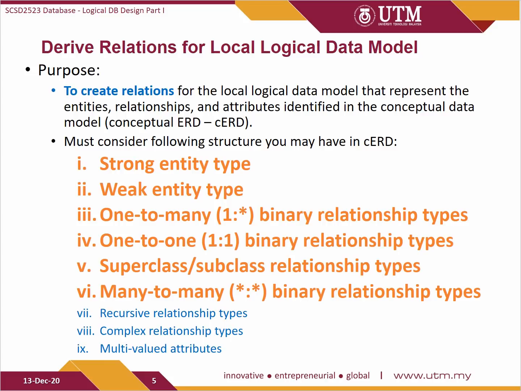Number 4 is one-to-one binary relationship types. Number 5 is superclass-subclass relationship types. Number 6 is many-to-many binary relationship types. Number 7 is recursive relationship types. Number 8 is complex relationship types. And number 9 is multi-value attributes.